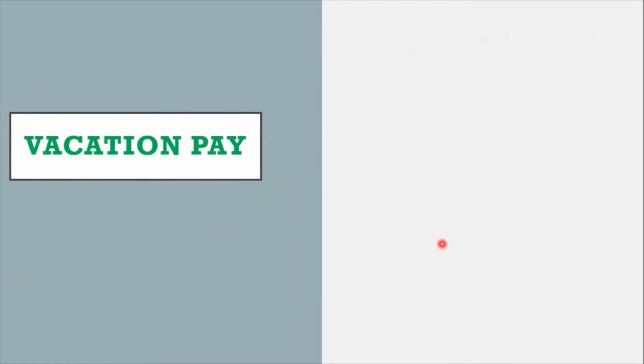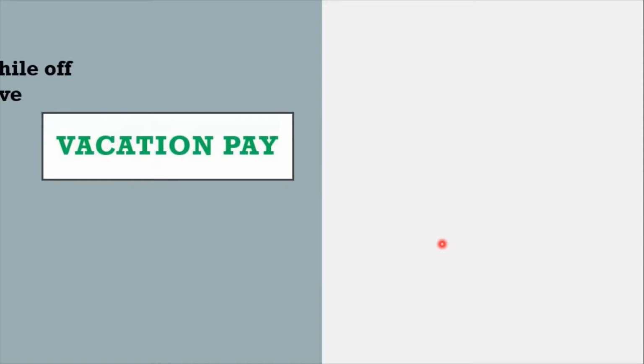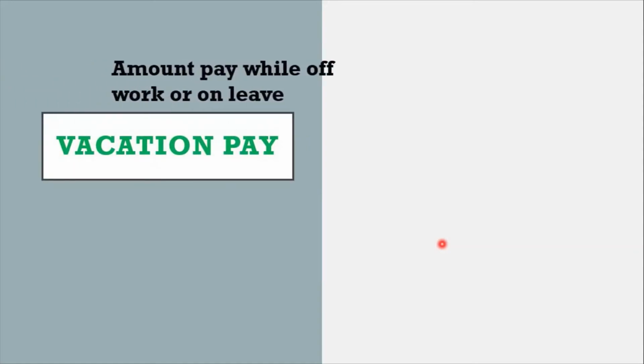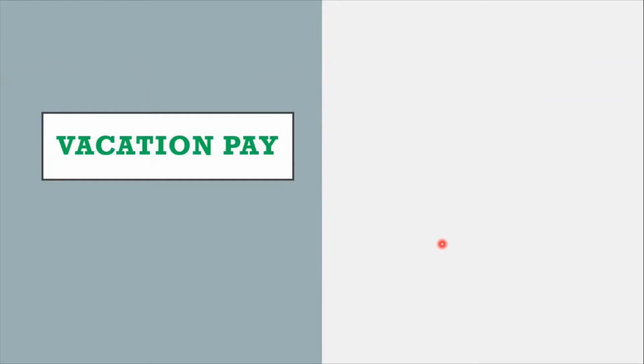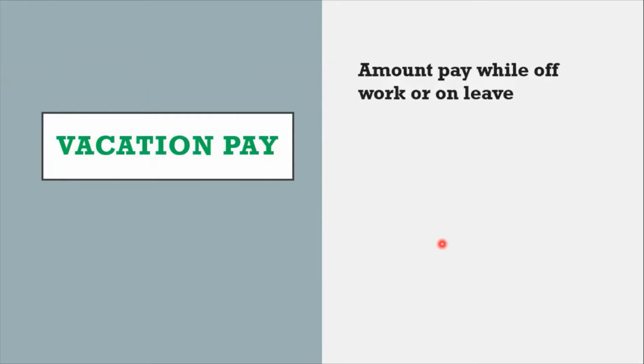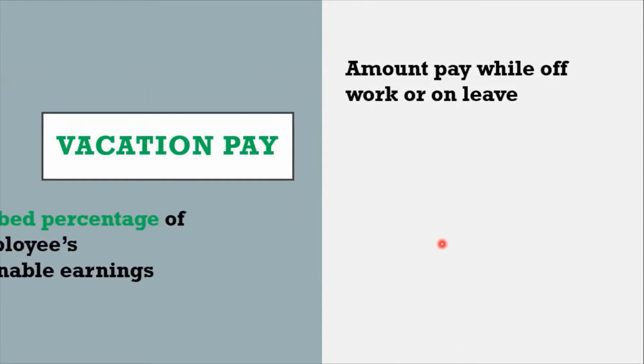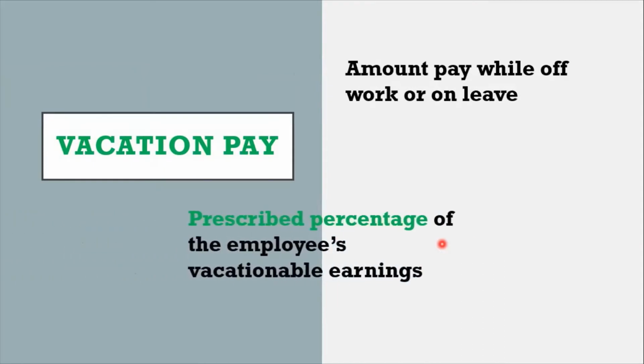So vacation pay, how does it work? It varies by province, but a lot of Canadian provinces use a similar process, except Saskatchewan. But what is vacation pay in the first place? It is the amount that they give you when you are off work.